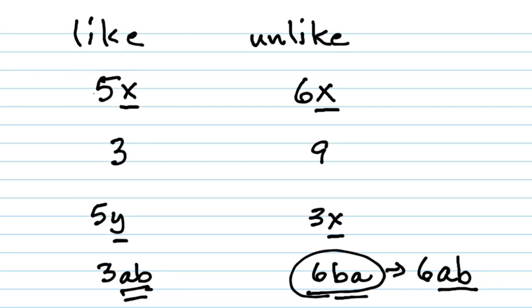Okay. Now, any of these terms that are like terms, we can combine or collect by simply changing the number that you have of them, right? So let's just go ahead and do a couple more. Say we have 5x's plus 3x's.